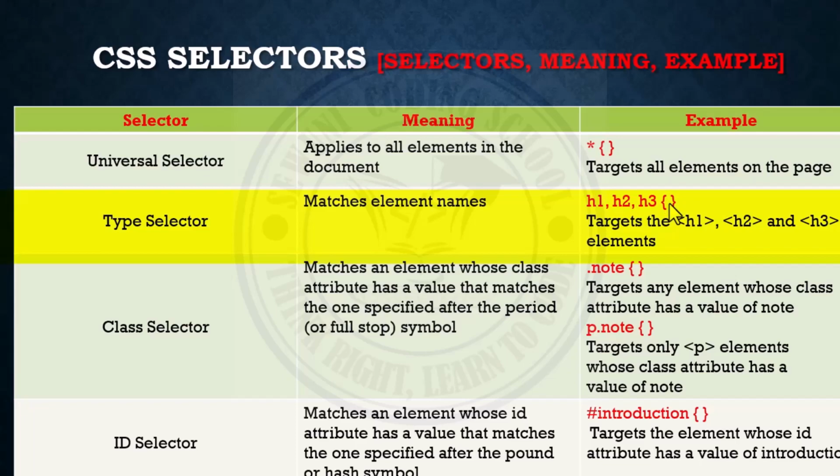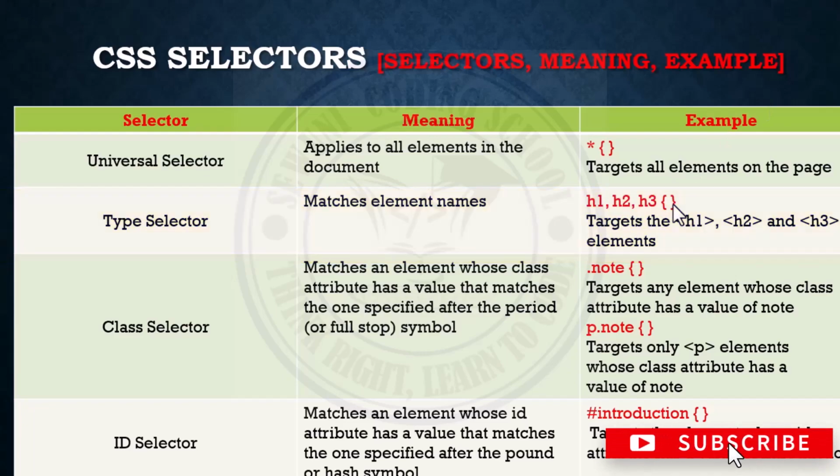If you check here, H1, H2, H3, this is just like the example we explained earlier. This targets only the specific type that has been stated. So if it's a P, you indicate a P. H1, H2, H3, P. You apply the same rules to them, and the property and value will be within the curly brackets. Class selectors. In class selectors, we are trying to narrow down what we want to do.